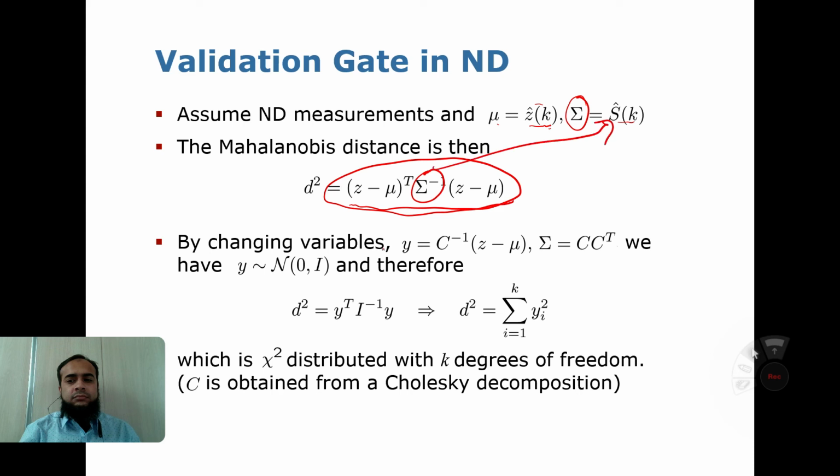By changing the variable y equals C inverse times (z minus nu), where C is the Cholesky decomposition, a constant value.